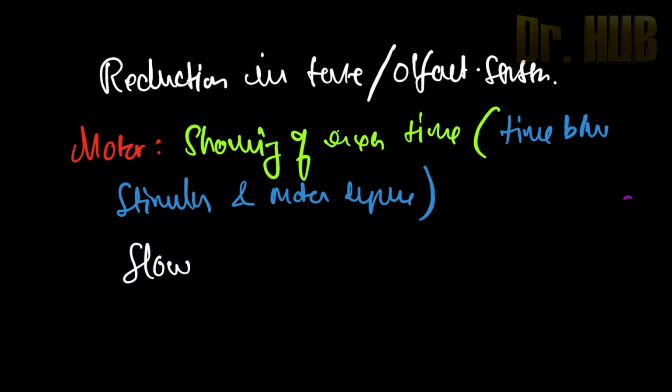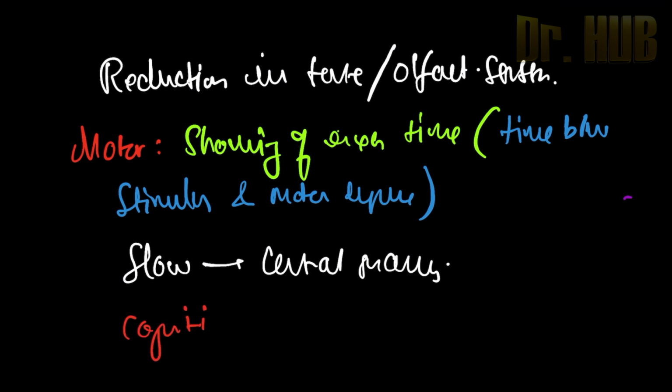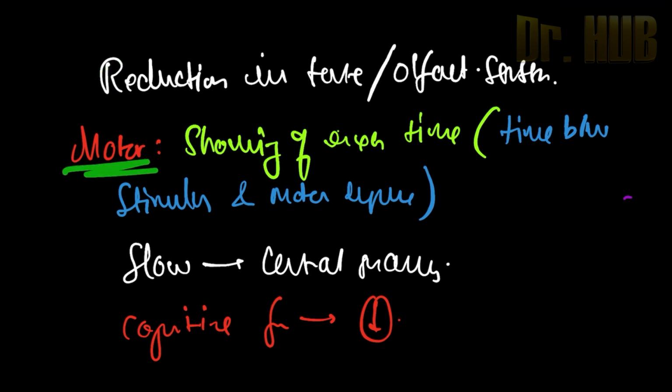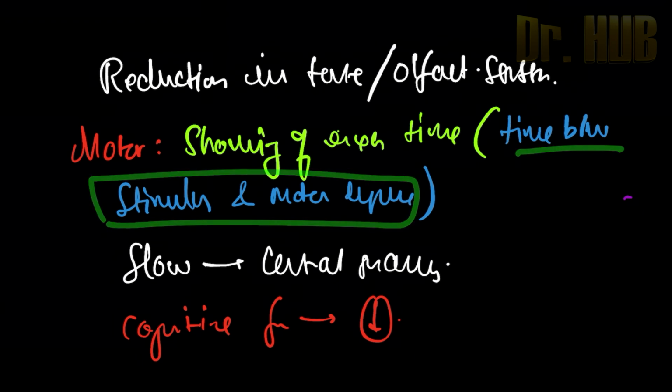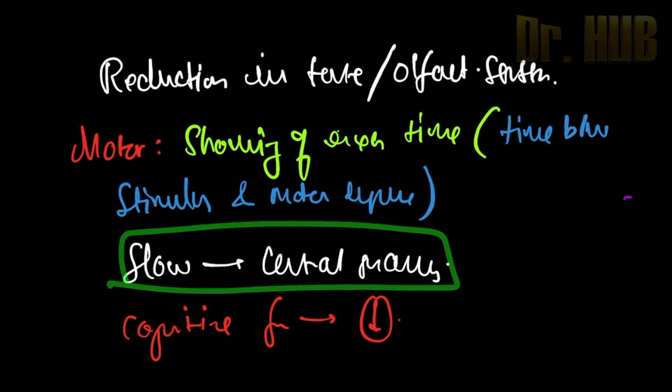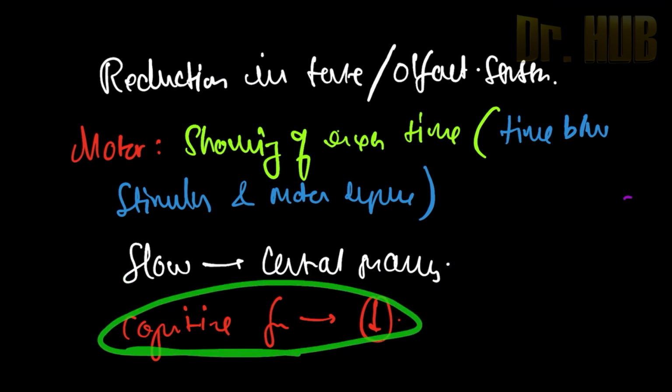Next, the cognitive functions also decline. So to recap, there is a reduction in taste and olfactory sensation. Under motor, it shows slowed reaction time, the time between the stimulus and the motor response. Then there is slowing of the central processing, and cognitive function can decline.